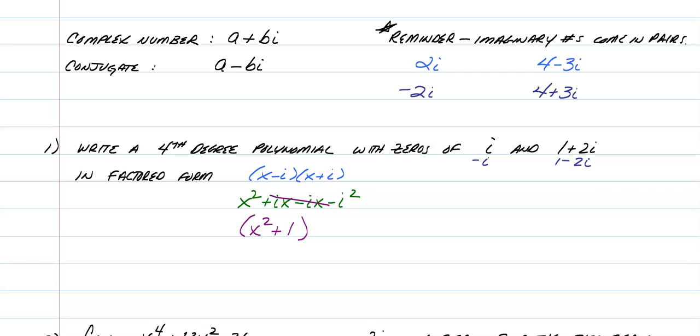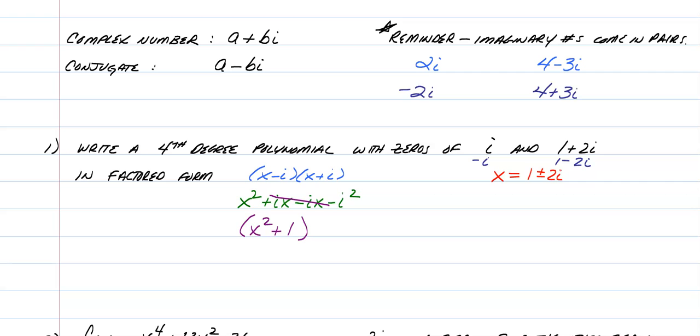The other way is, instead of doing it this way, you would write it as x equals plus or minus i and work backwards. I will show you how to do that with the 1 minus 2i. So what we would do is write this as x equals 1 plus or minus 2i.